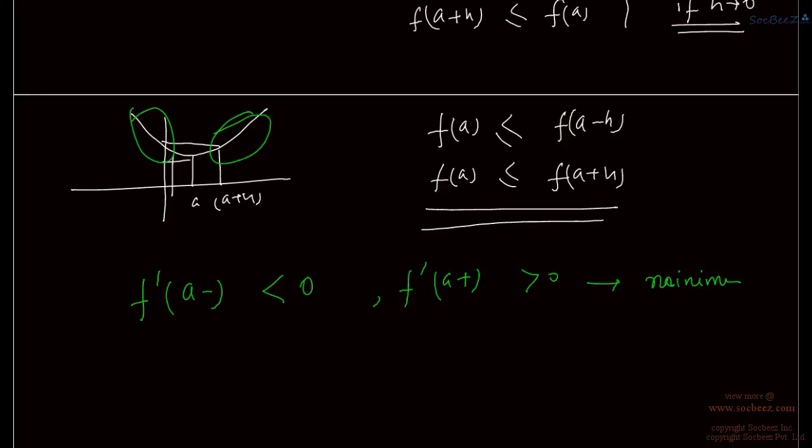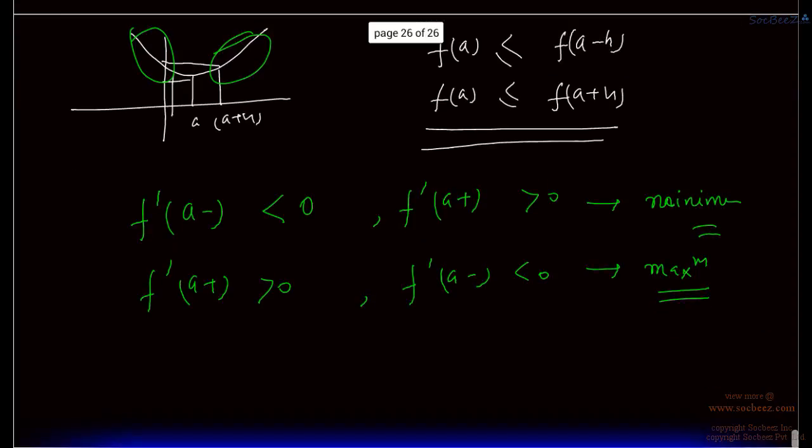Say this is decreasing and this is increasing, so minimum. And if f'(a plus) is less than 0, decreasing, and f'(a minus) is greater than 0, that is increasing, then we have a maximum. So these we have learned as the two tests for maximum and minimum.